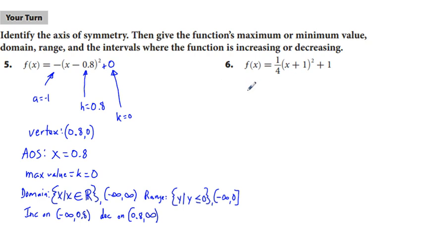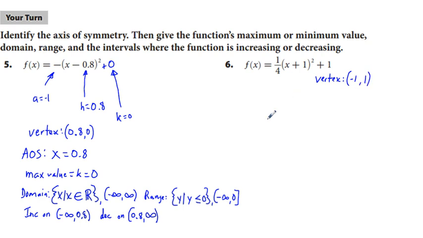Okay, number 6, we have axis of symmetry. Well, the vertex is going to be, h is going to have to be equal to -1. So vertex is -1, comma 1.